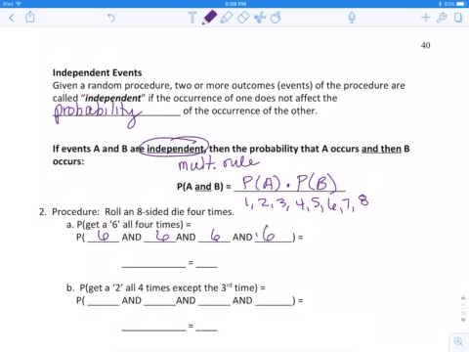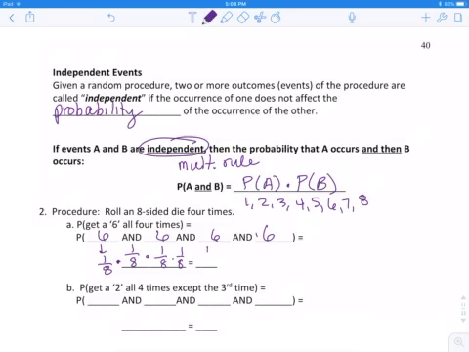Now, these would all be independent. If you roll a dice, it doesn't matter what you get the first time. It does not affect the probability the second time. So rolling a 6 the first time would have a 1 out of 8 probability, times, for the and, the second time, again, 1 out of 8, times the third time, 1 out of 8, and the fourth time, again, 1 out of 8.